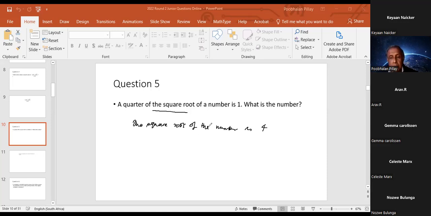But this is the square root of the number. So the number must be 4 squared, because 4 is the square root of 4 squared, which is 16. Right? So it's a matter of reading the question and understanding it, and then drawing your conclusions.